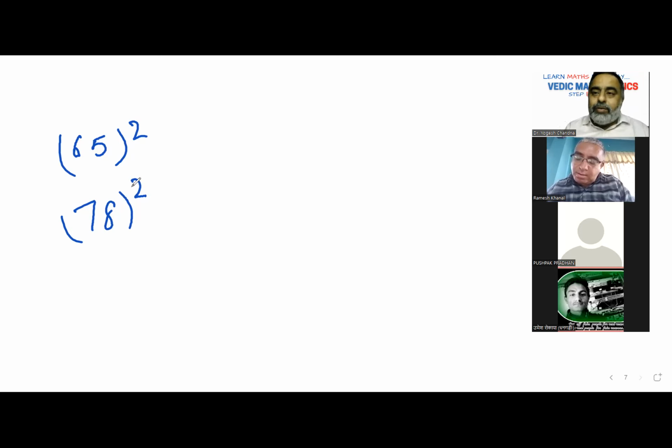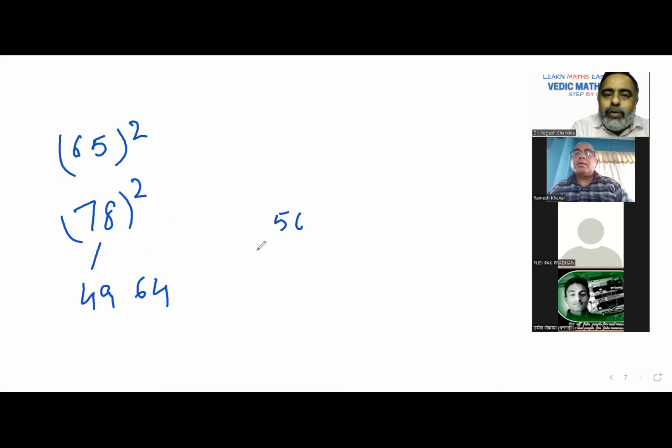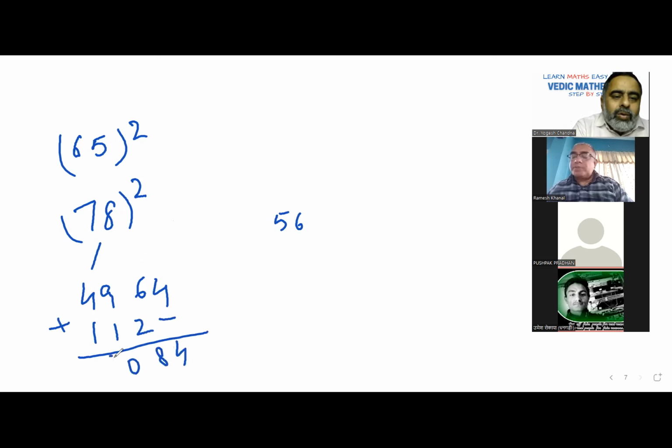One is saying 5804, one is saying 6804. How is it possible? In maths, we cannot have different answers. So let's try. 7 square is 49, 8 square is 64, 7 into 8 is 56, 56 into 2 is 112. 112. 4, 8, 0, 6084. So whoever said 5084, that was wrong. Is it clear?